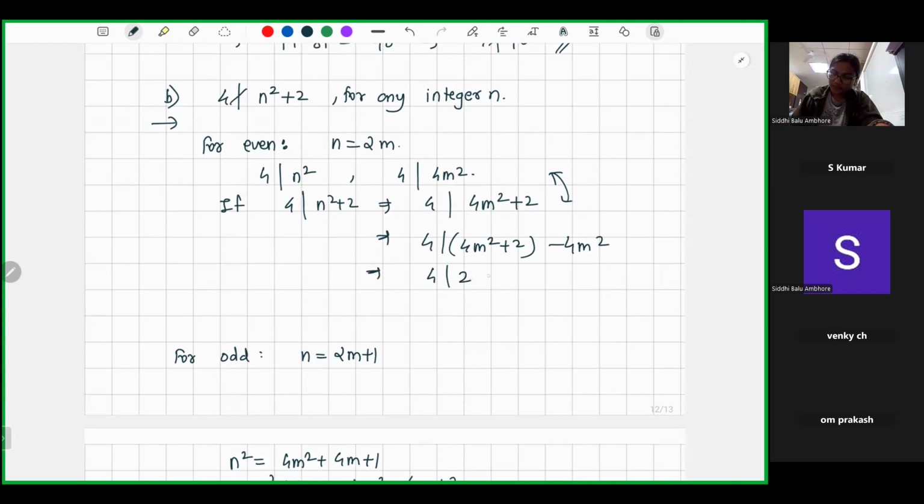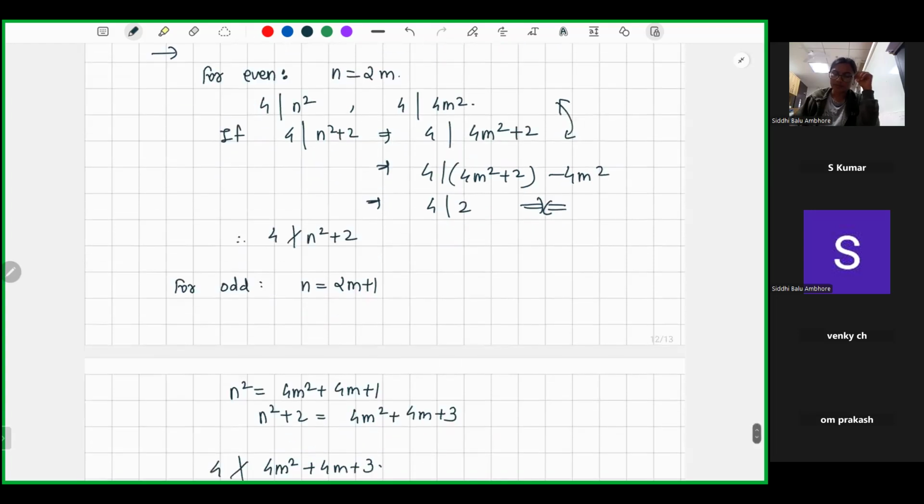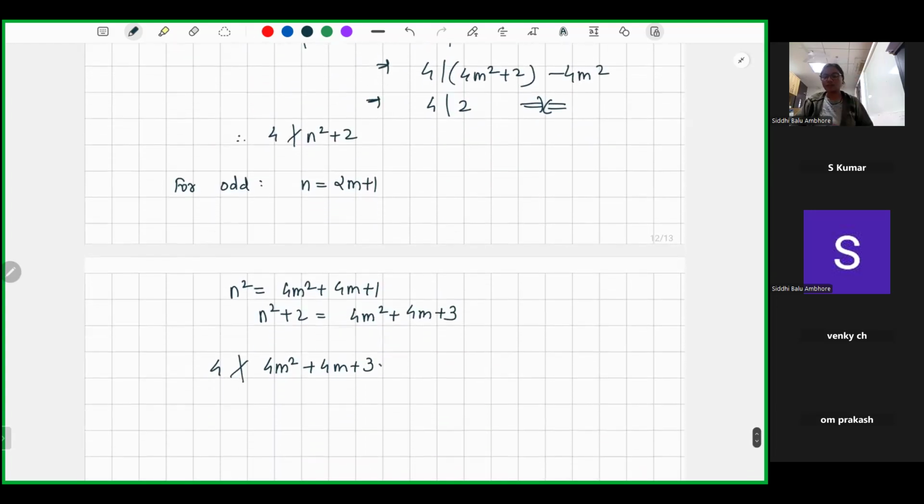This implies 4 divides 2. This is a contradiction. So, therefore, 4 does not divide n square plus 2. Similarly, we can do the same thing here. It will boil down to the condition that 4 divides 2. That's not true.